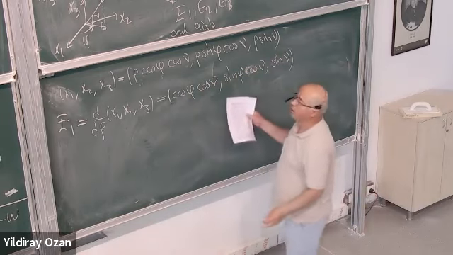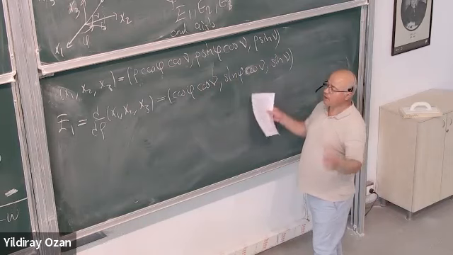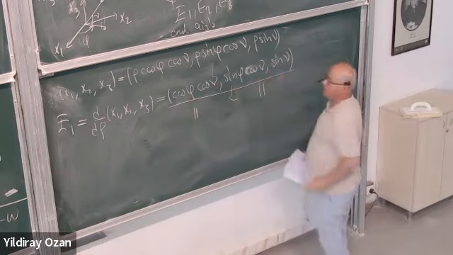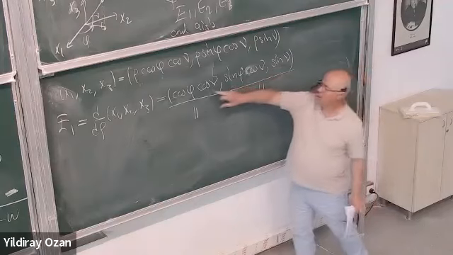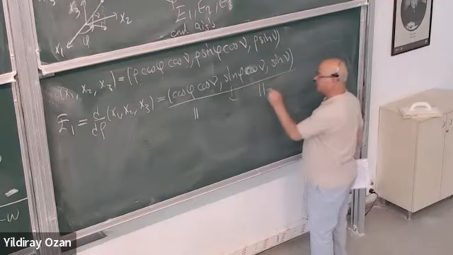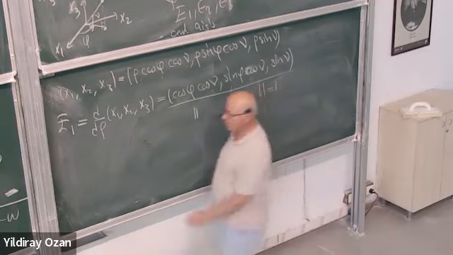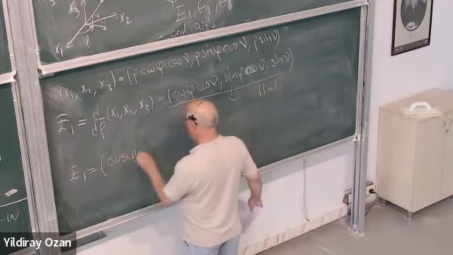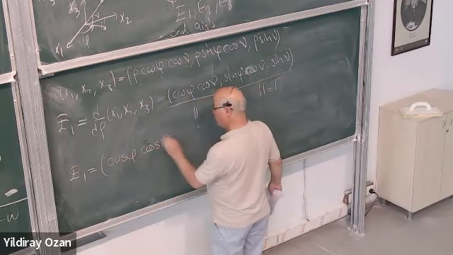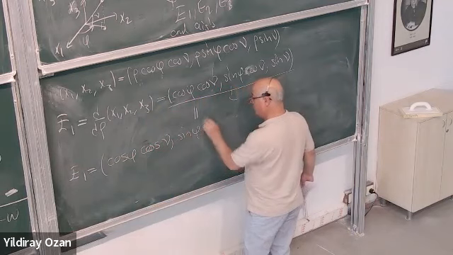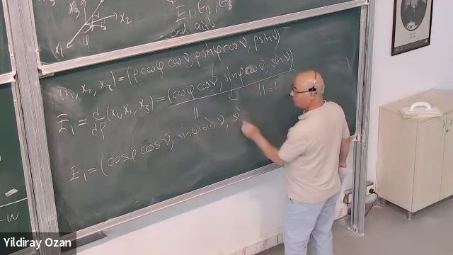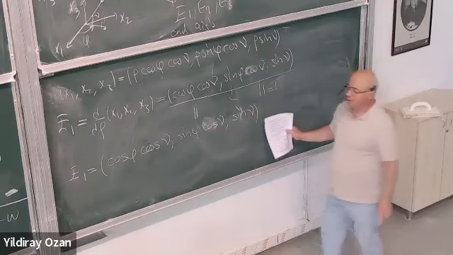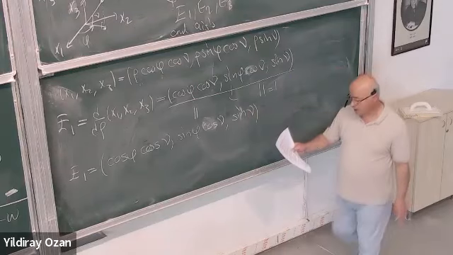And then I have to divide this by the length of this vector, right? I want a unit vector. But if you square all these and add them up, you get 1. So in this case the length equals 1. Therefore, E1 is just this vector field. No, this is cosine and this is sine. You can check that this is a unit vector, okay?